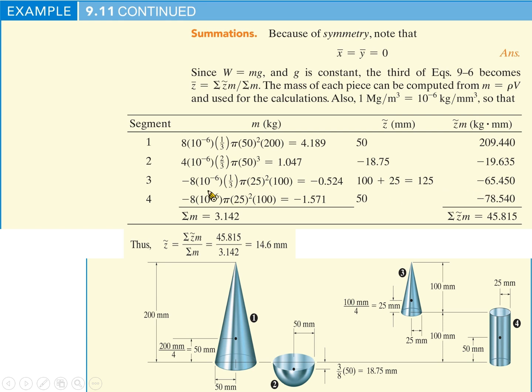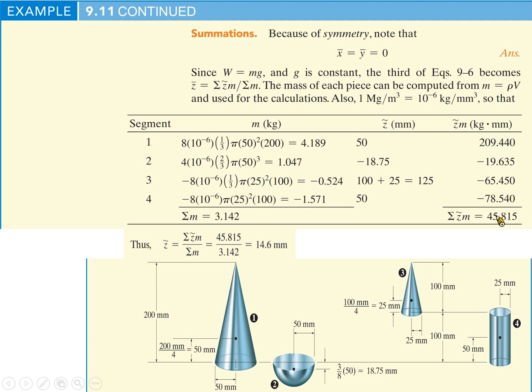value here. Okay, then the final one is the cylinder. So pi r squared times height of 100 times the density. So it becomes the mass, which is negative 1.571. So the level arm is halfway, 50. Okay, so we use mass times the different level arms, so we can work out mass times level arm for the different values.